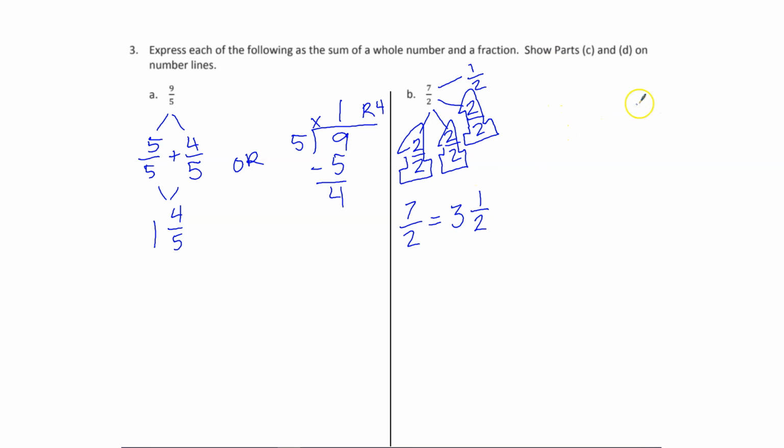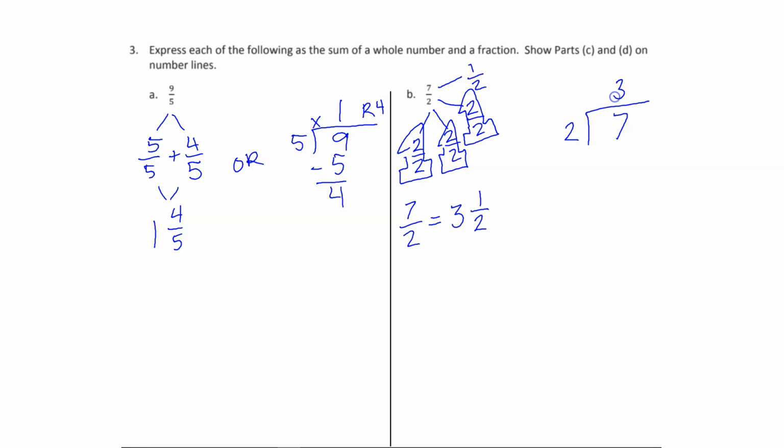All right, long division. You could have said 7 divided by 2. How many 2's can I pull out of 7? Let's skip count by 2's. 2, 4, 6. 8 is too many. I only have 7. I can't take 8. So 1 2 would be 2. 2 2's would be 4. 3 2's would be 6.